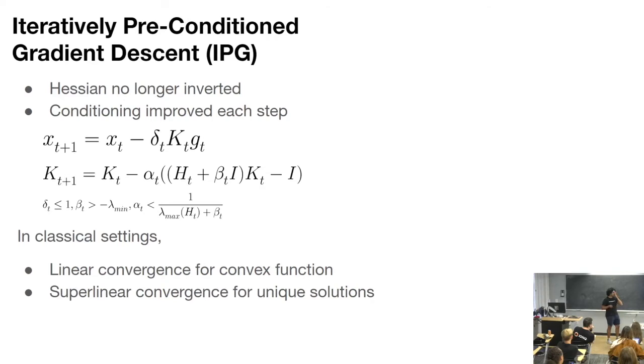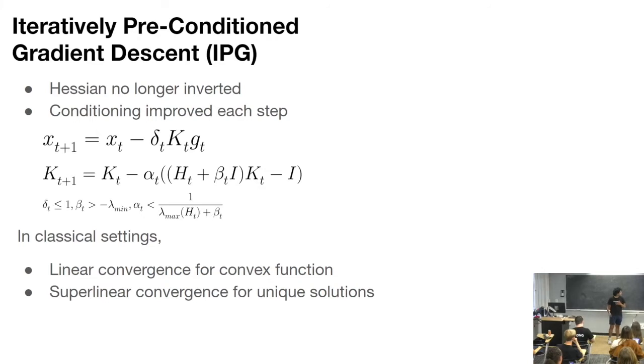When this has been applied to classical settings, we find that for convex functions, like the function you saw at the very beginning, just a nice parabola, it converges in linear time. And when you have a unique solution, it converges superlinearly. Although most quantum algorithms don't have unique solutions, you can make infinitely many circuits to get the same output.